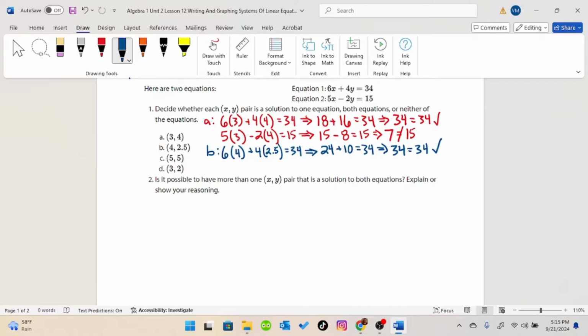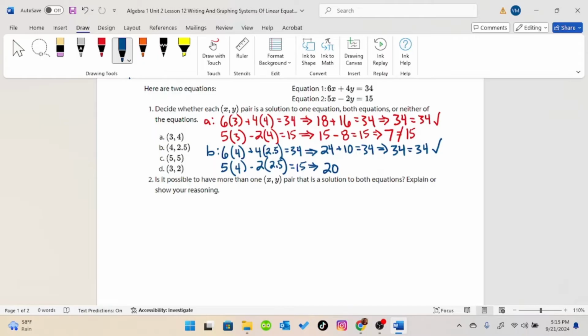Now we try equation 2. 5 times 4 minus 2 times 2.5 equals 15. 5 times 4 is 20.